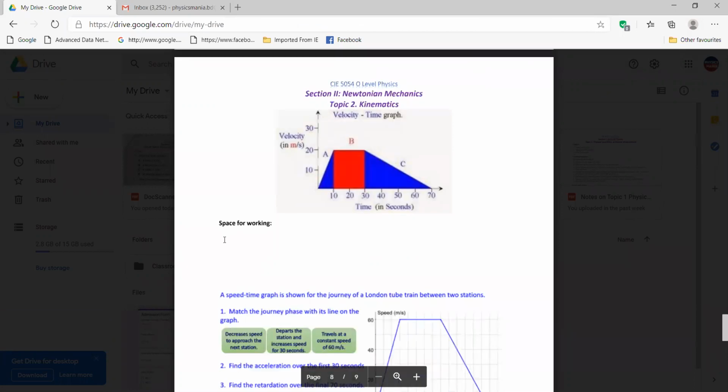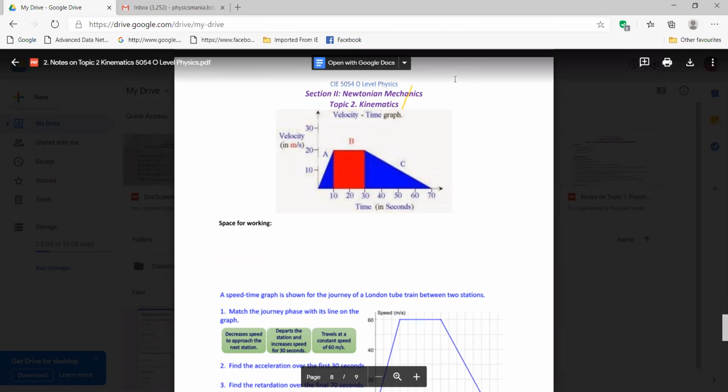10 into 20, 500. Look, you can do the working this way, in a text box.